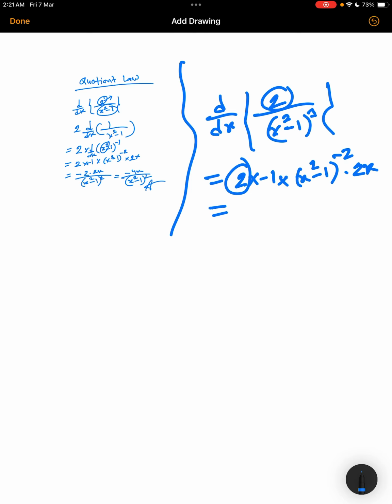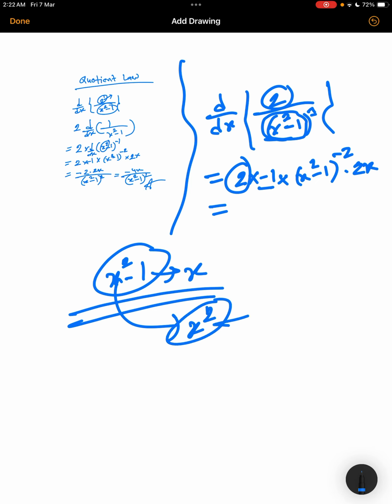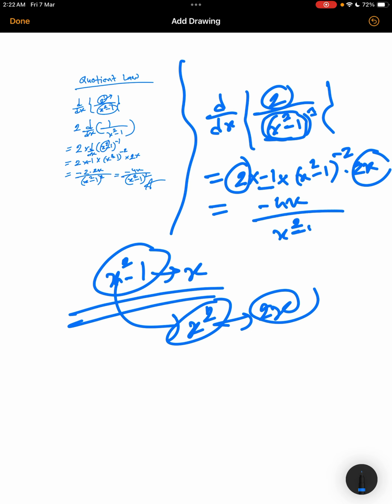Now this x square minus 1 is our x to the power n, which was minus 1, and then another minus 1 from the n formula, minus 2. Done. After that, I picked x square minus 1 as x, right? But it is not exactly x, so I have to differentiate this part as well, so it will become 2x. So here is 2x. So minus 4x over x square minus 1 whole square. So this is the result actually.